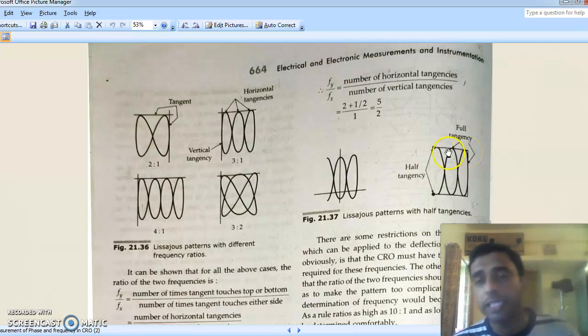So 2 full tangencies and a half tangency here, so the numerator will be 2 full tangencies plus a half tangency. So 2.5 is the numerator. And what about the denominator? The denominator will remain the same. There is only one intersection, only one vertical tangency. So the denominator is 1. So my ratio, Fy by Fx, is equal to 5/2.